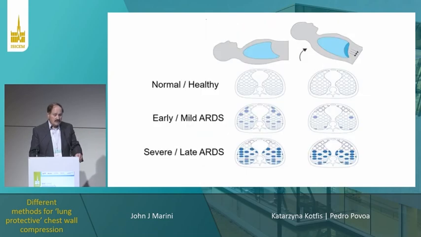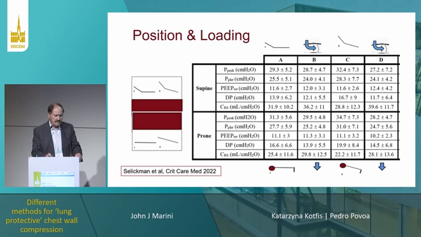And we think it is in certain patients. In a normal, healthy individual, it's a good thing to expand the lung, reduce the tendency for atelectasis to form, and in mild ARDS, we may recruit the patient. But in severe and late-stage ARDS, we have minimal recruitment going on, but a lot of overdistension, and that's when we get the paradoxical effect.